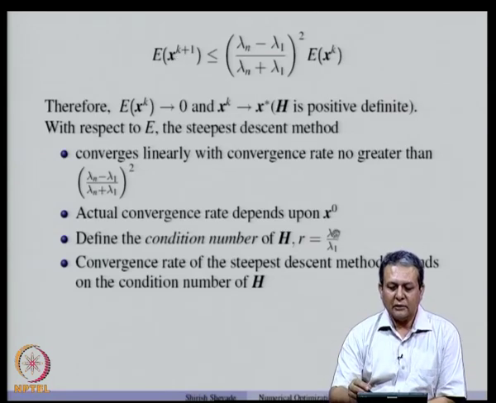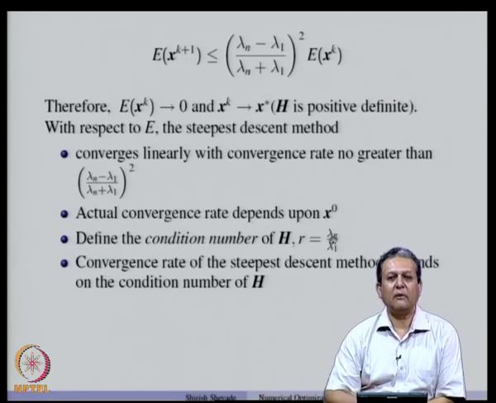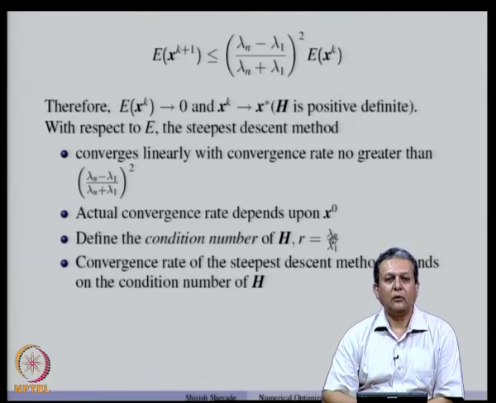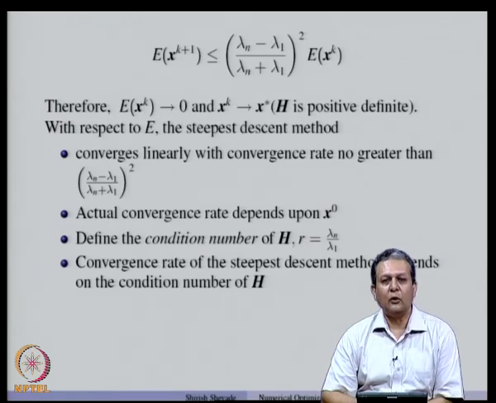And when is this ratio 1? When lambda n equal to lambda 1. That means that when we have circular contours. So, that is why we saw that when we considered circular contours and wanted to minimize the objective function using the steepest descent method, the convergence took place only in one iteration irrespective of the starting point.